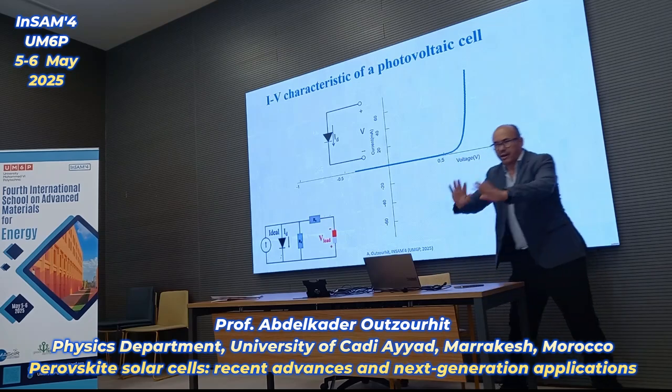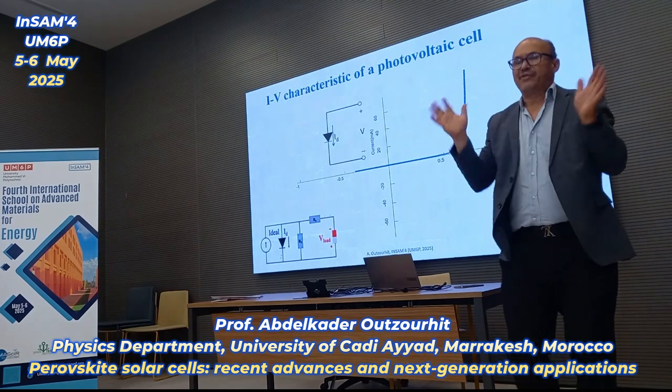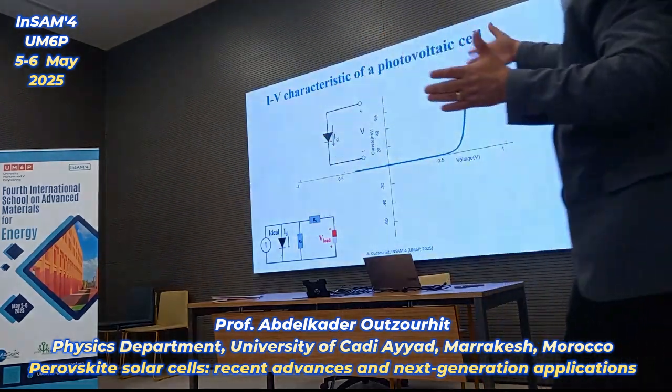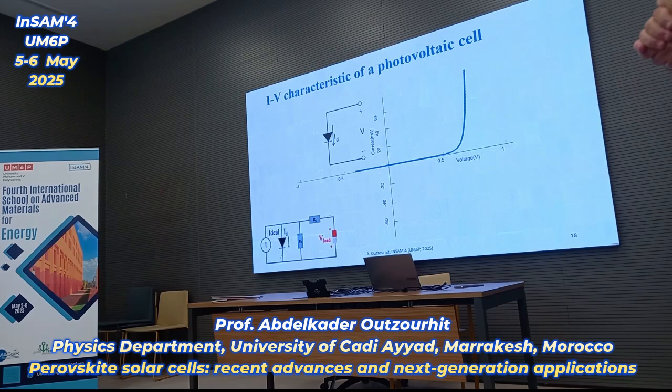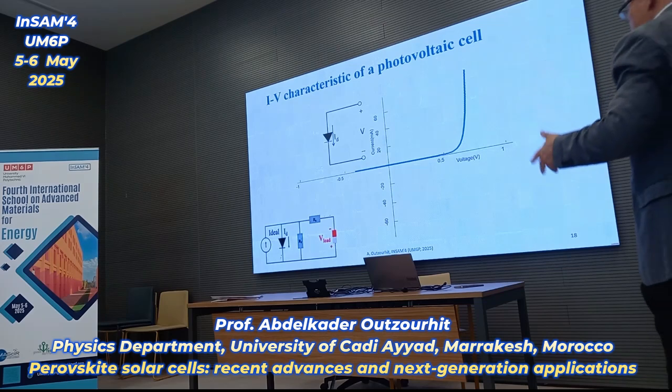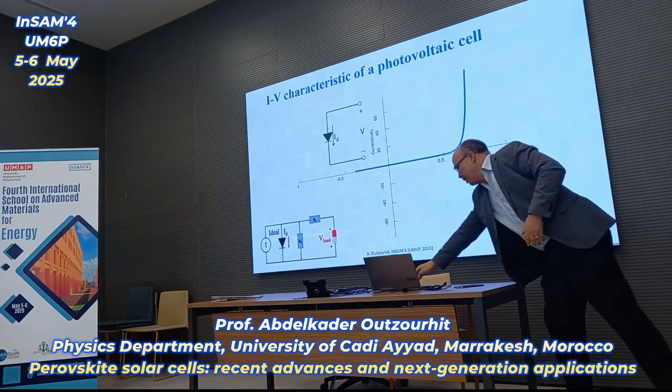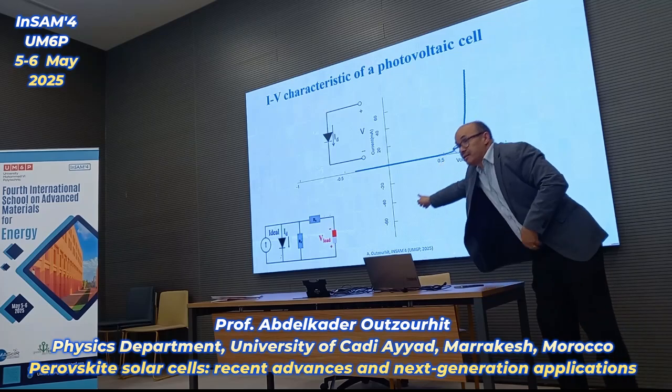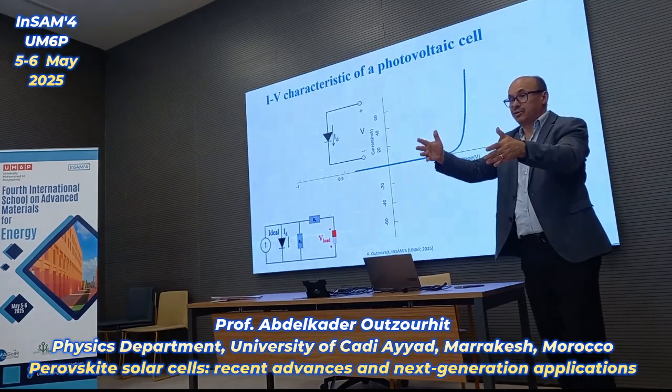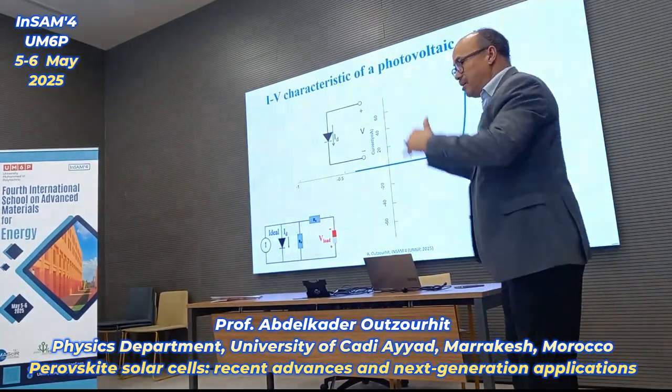Now, suppose that we eliminate all these defects. This is the IV characteristic of your PN junction. Now, what happens when you shine light on it? Well, you just add a photocurrent to this, because you create photo-generated carriers, and you create a photocurrent.